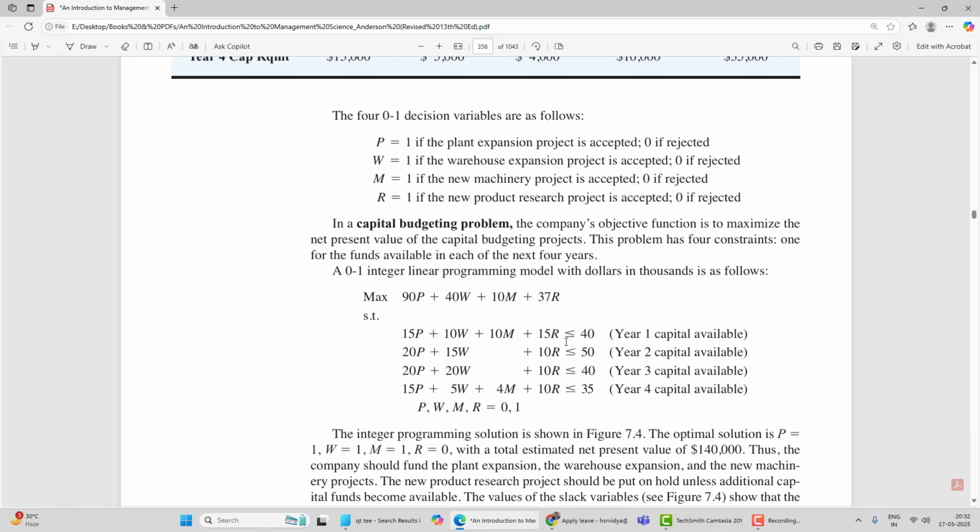So like this we construct the capital requirement constraints for all 4 years. And finally, the very important thing is that all 4 variables should be written as binary variables, 0-1 variables. So P, W, M, R should be 0 and 1.